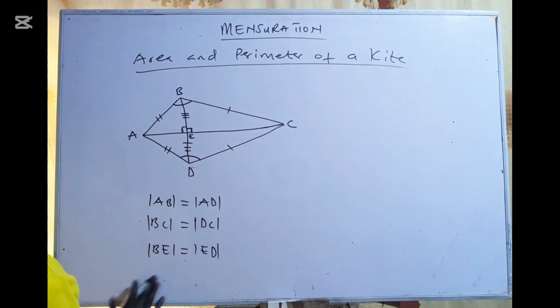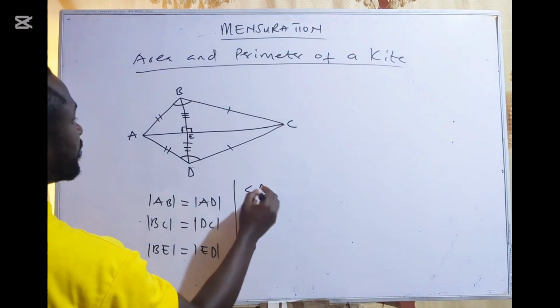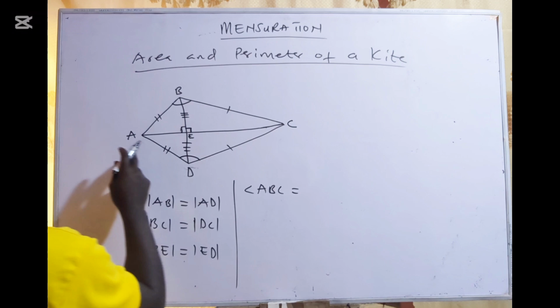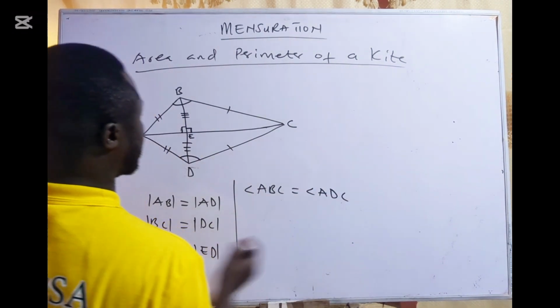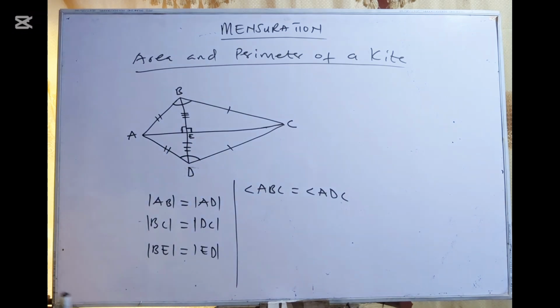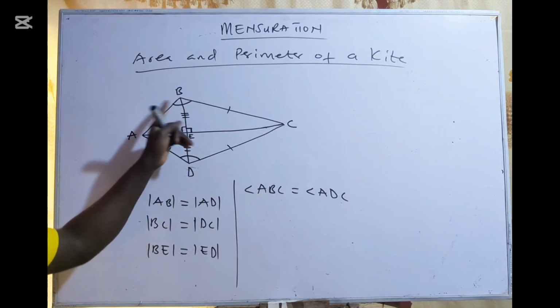So for a kite, what we can say is that angle ABC is the same as angle ADC. So the angle here is the same as the angle here. But take note, the diagonal does not divide this angle into two.